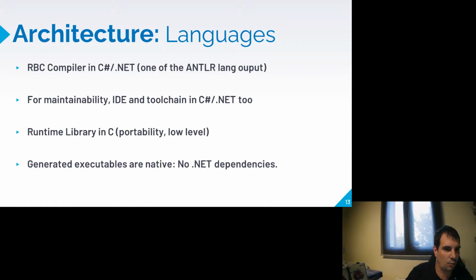About which language is used to develop RAD Basic. First, RAD Basic Compiler is written in C# above .NET, because it is one of the outputs of NTL. NTL works mostly with outputs of Java, C++, and C#.